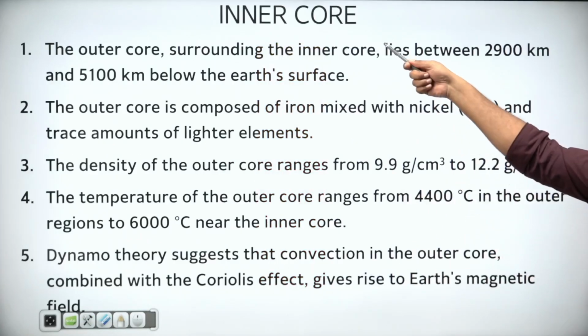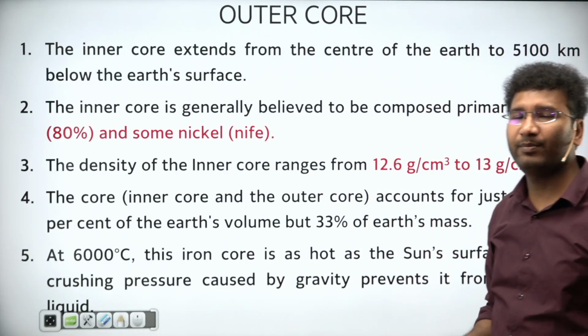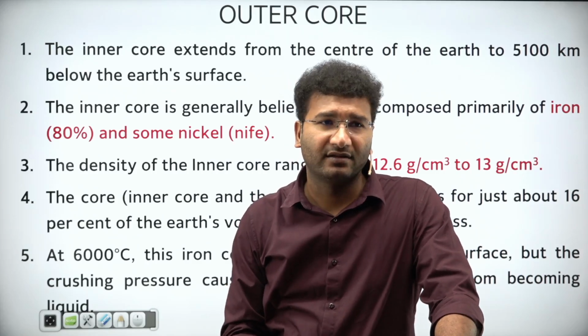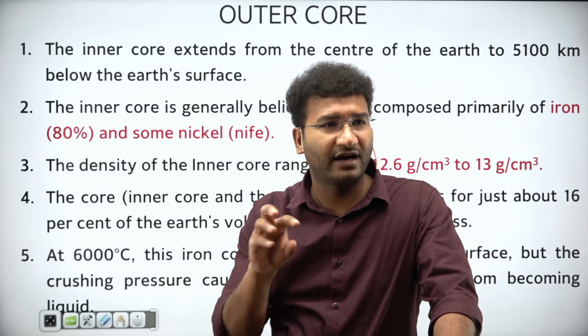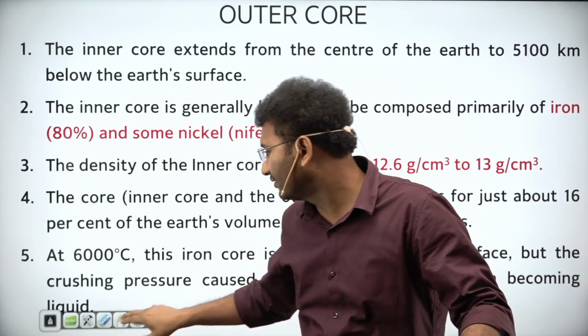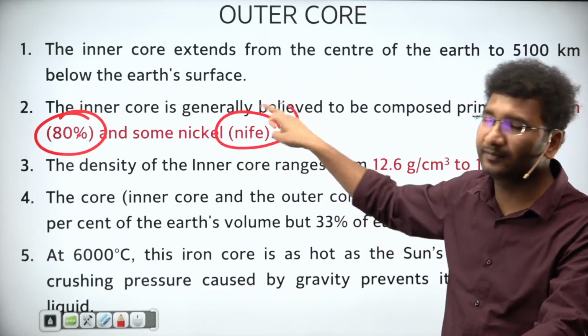Next important aspect is the inner core and the outer core. See, 80% of the outer core is made up of the NiFe material. NiFe is nickel plus ferrous, and within that, iron is the highest composition. 80% is made up of iron and some nickel.